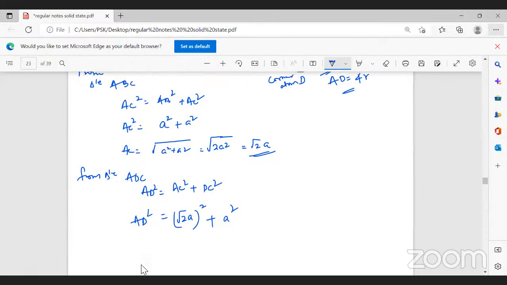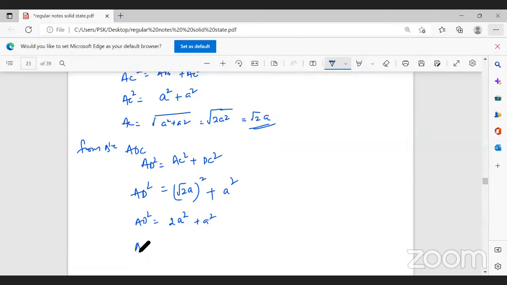This is AD square. So AD square will be equal to root 2A square, which is 2A square, plus A square. Yes or no? Yes, sir. That will be equal to 3A square.